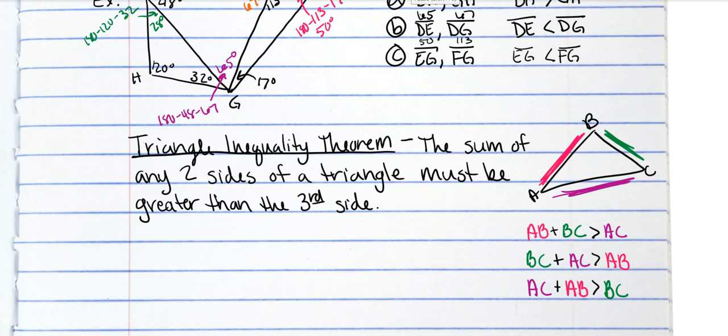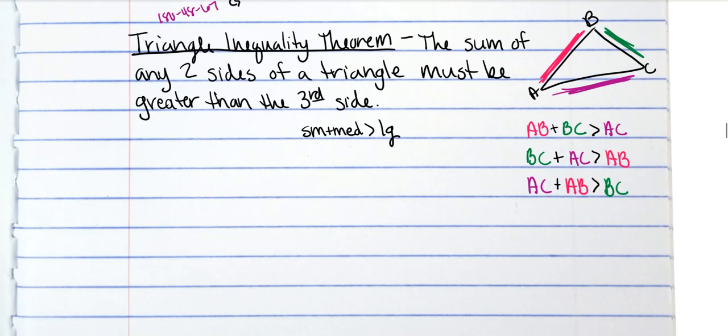But if you're given actual numbers, all you really have to check is, is the small side plus the medium side bigger than the large side? Now, again, you can only use that if you're only given numbers, but that's all you really have to check. So in our first example, if we have sides of 8 inches, 15 inches, and 17 inches, all you really have to say is 8 plus 15, is that greater than 17?